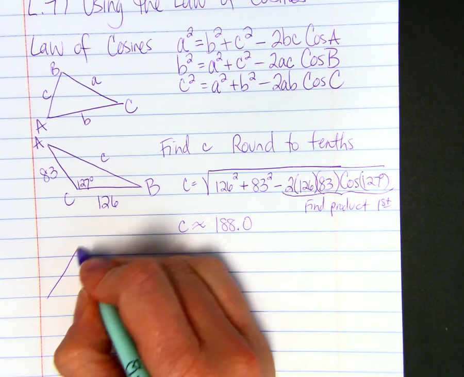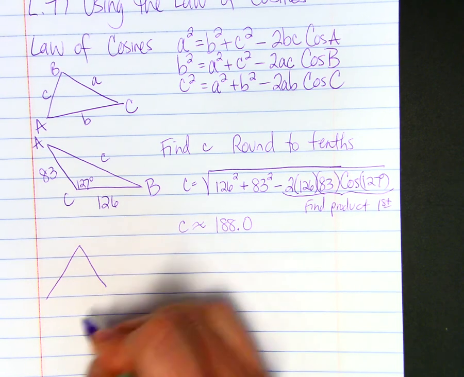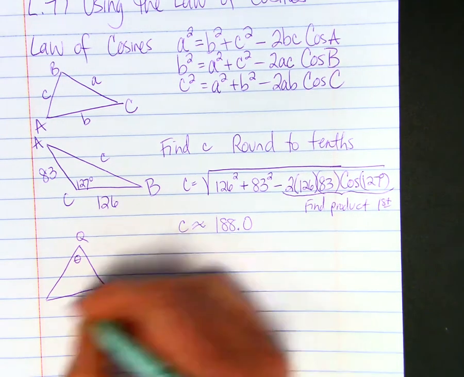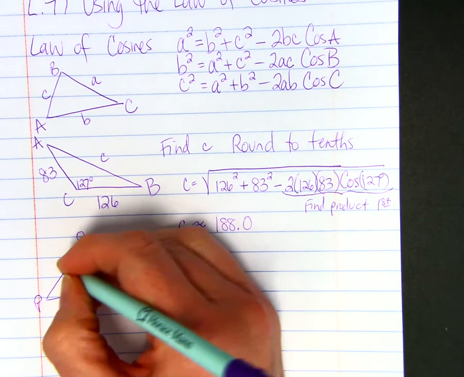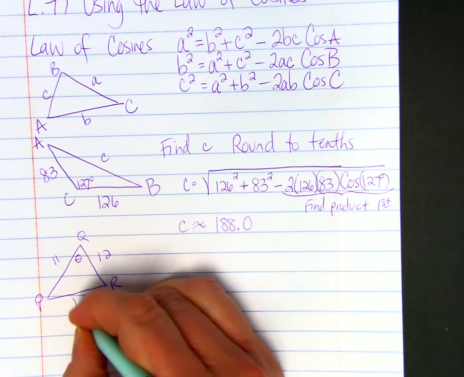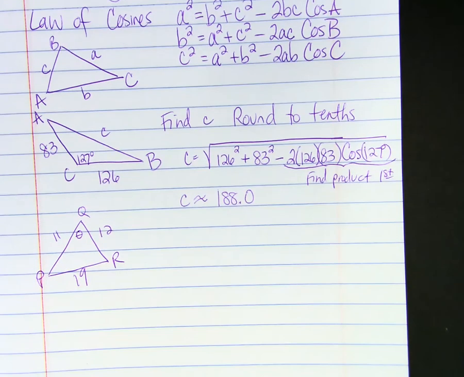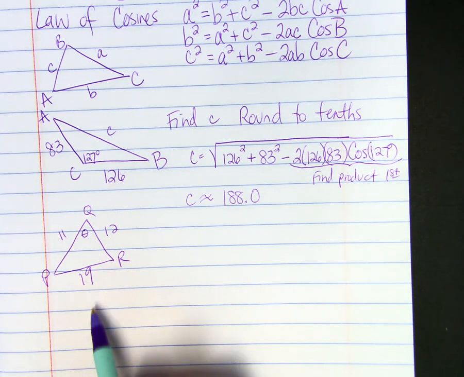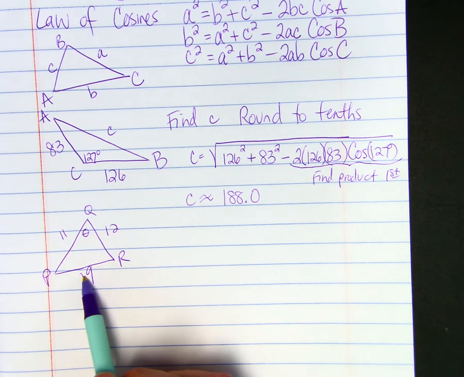If you have a triangle and we don't know angle Q, we're going to call that theta, and we want to find the angle measure. Remember that we can use the side opposite of it, 19.